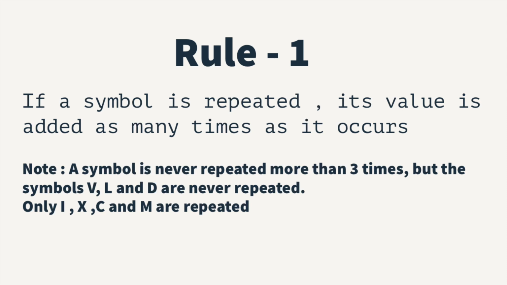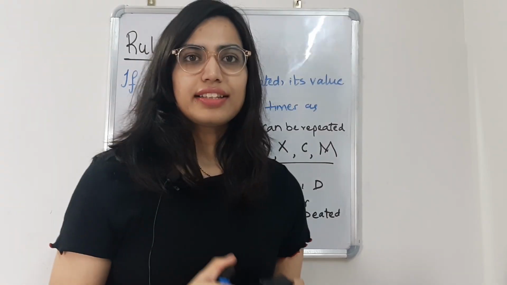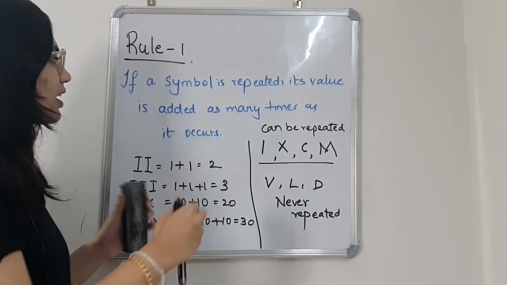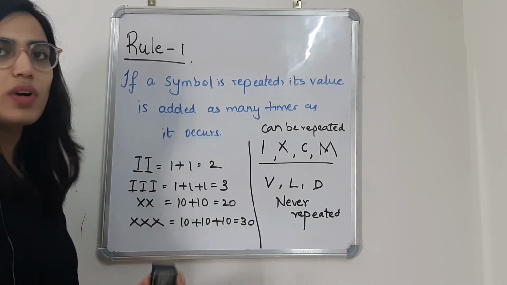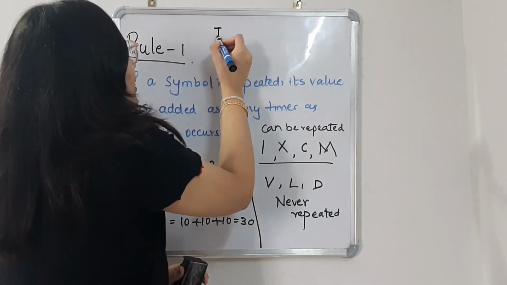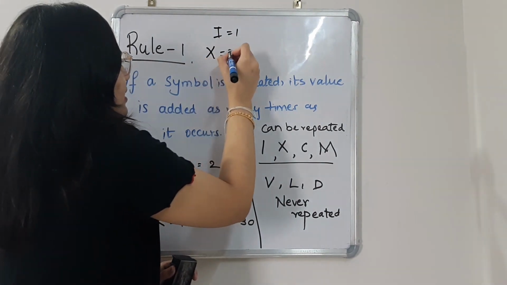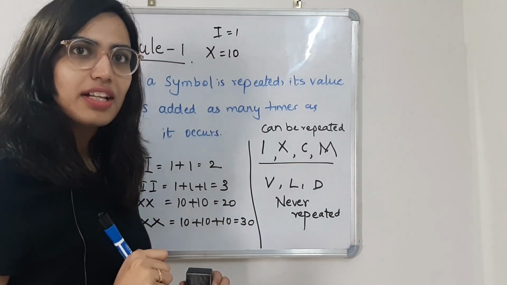Now let's see rule 1 of Roman numerals. If a symbol is repeated, its value is added as many times as it occurs. For example, we know that I is 1, and we know that X is 10 as per the previous slide.